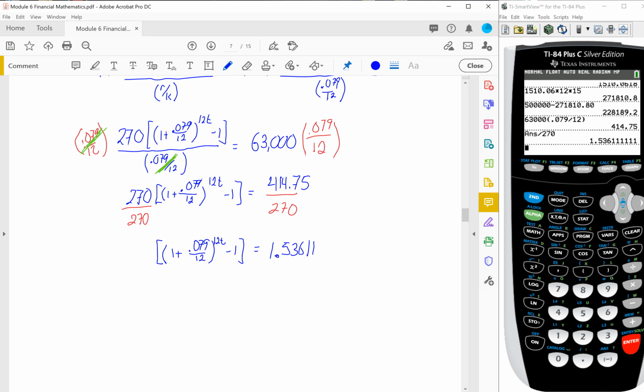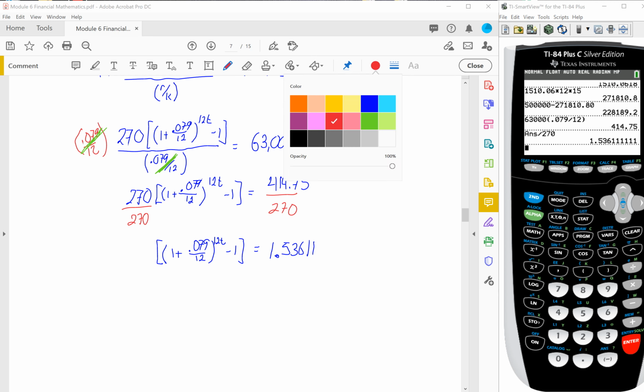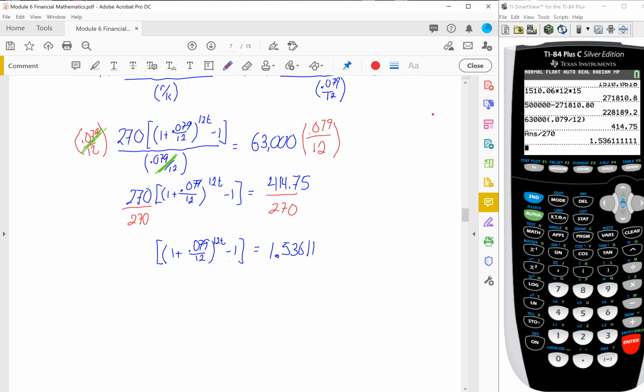Okay. Now to keep going with this, we want to solve for t. So maybe to get rid of this minus 1, we can add 1 to both sides. So now we'll have the 1 plus 0.079 divided by 12 raised to the 12t equals, when I add 1, I think it'll be 2.53611.